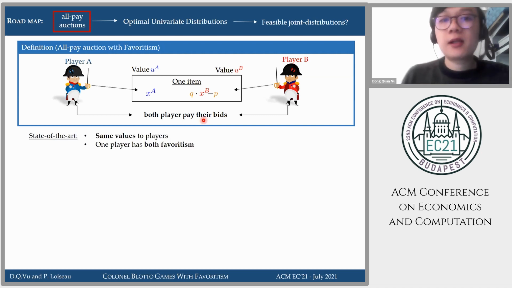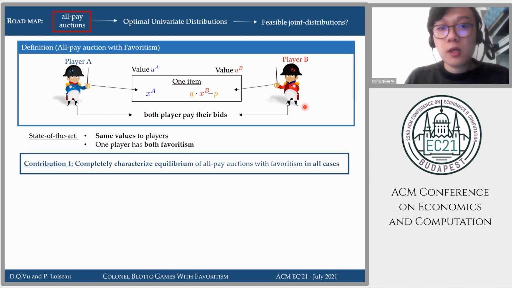So the state of the art of all-pay auction with favoritism is that equilibrium results are only available in the case where both players have the same assessment of the value of the item, and only one player has the favoritism. So our first contribution is to completely characterize the equilibrium of this all-pay auction with favoritism in all cases.